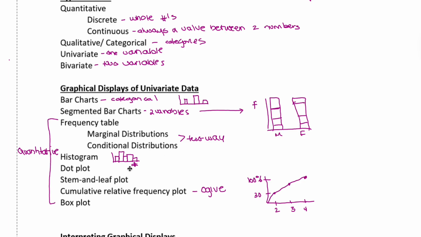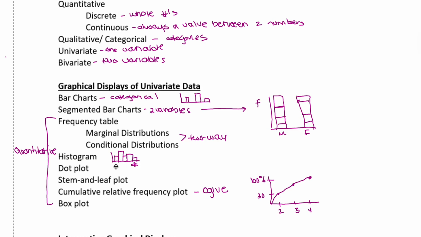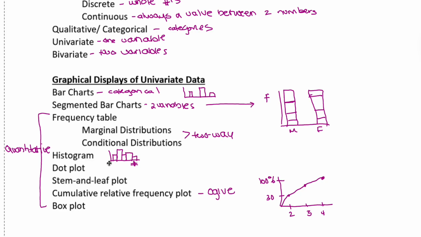And histogram, just as I said before, looks really similar to the bar charts, but we just don't have the space between the bars. So for example, it can go from 0 to 99 and from 100 to 199, such as that. Next, we have dot plot, stem and leaf plot, cumulative relative frequency plot, and box plot. Be sure to familiarize yourself with the first two, dot plot and stem and leaf plot.